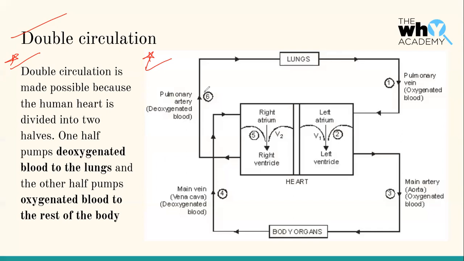Right. So usually most of the students get scared when they are asked about double circulation. This topic becomes a little bit of a terror or a difficult topic for most students. Even when I was learning it for the first time, double circulation went over my head as well.